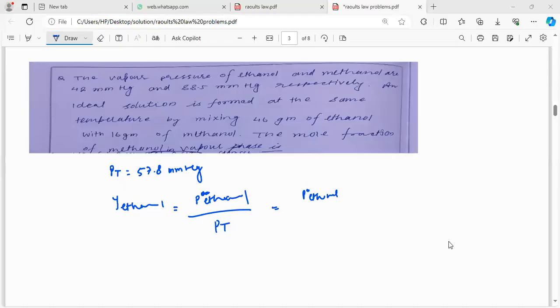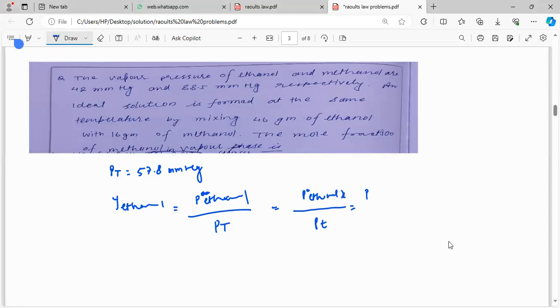Now visible to you? No. So P not ethanol means what? You are writing P not ethanol, but it should be P ethanol.